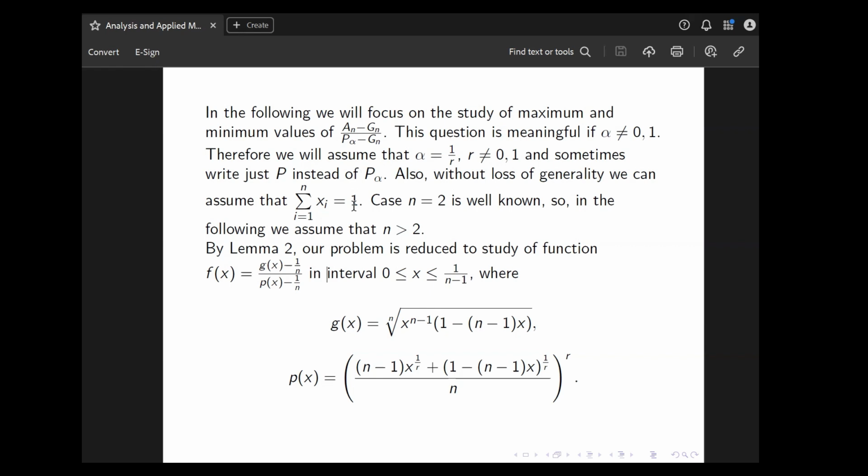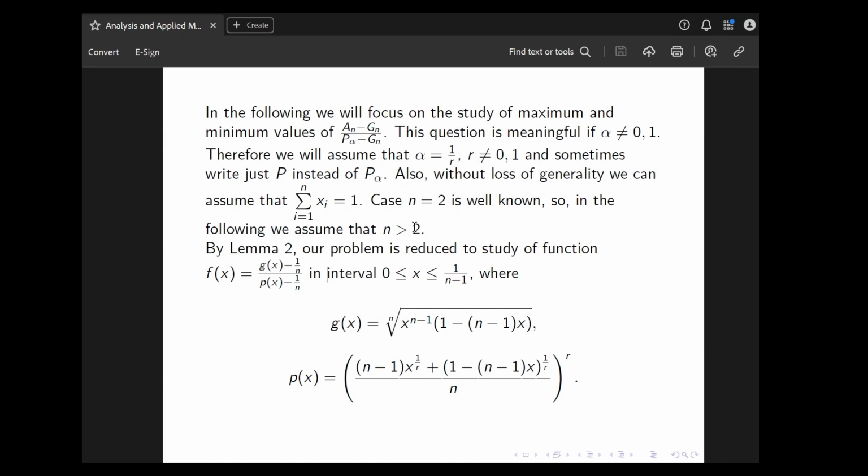Otherwise, we can just divide all the numbers by their sum, and this will not change anything in this expression, because numerator and denominator are multiplied by the same number, and therefore they cancel each other. So the sum is 1. Case n equals 2, as it was mentioned before, is well known, considered in many papers. So in our study, we will assume that n is greater than 2.